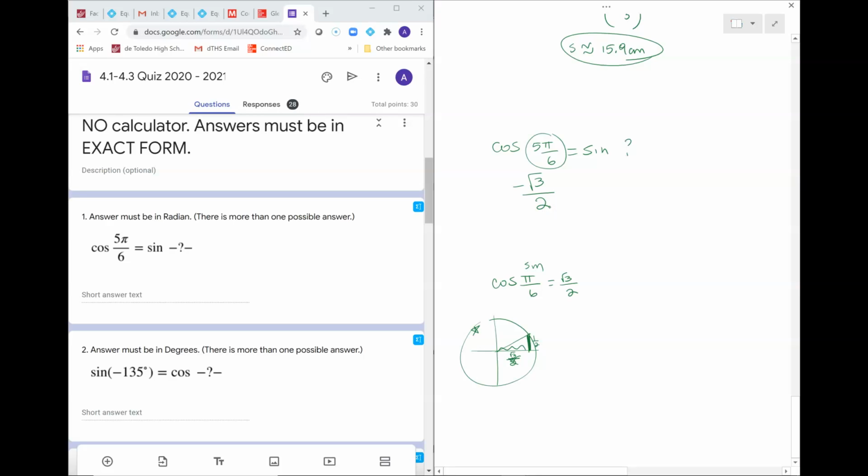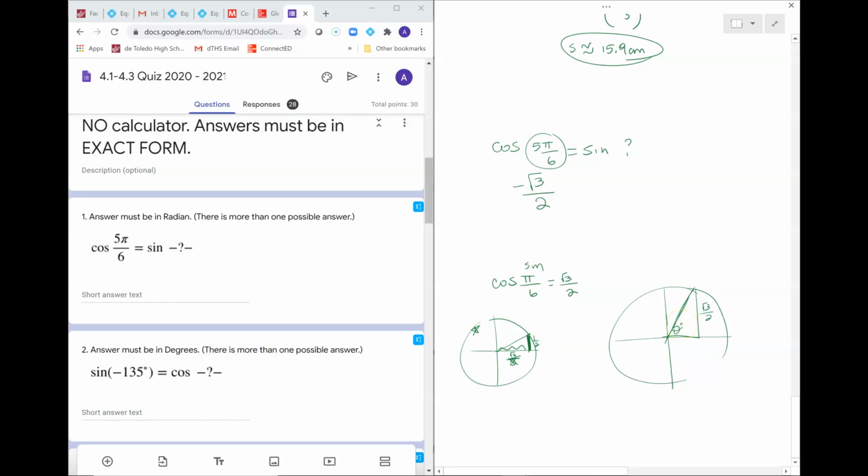And so what angle for sine gives me that? If I want an angle for which the sine is root 3 over 2, remember that the sine is the opposite or the vertical side. So if I want the vertical side to be the larger, root 3 over 2, that faces the larger angle of pi over 3, right? But I want it to be negative.